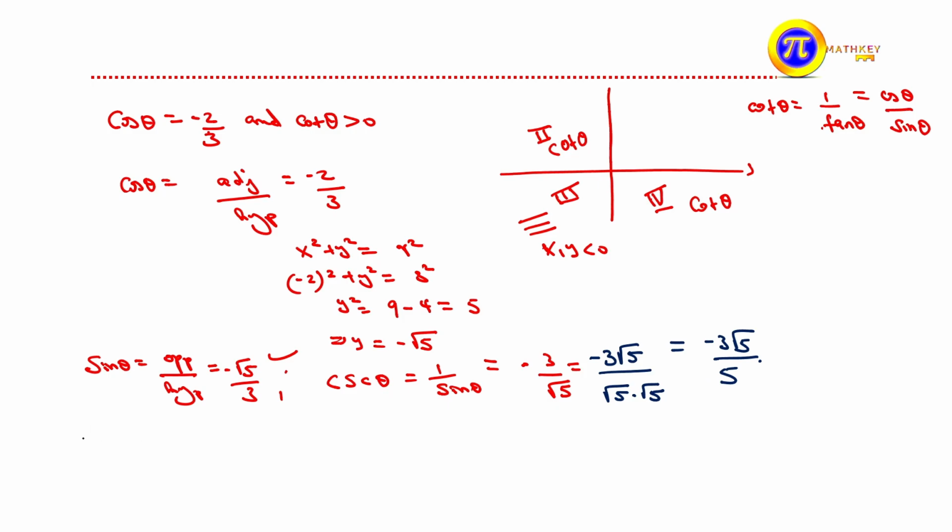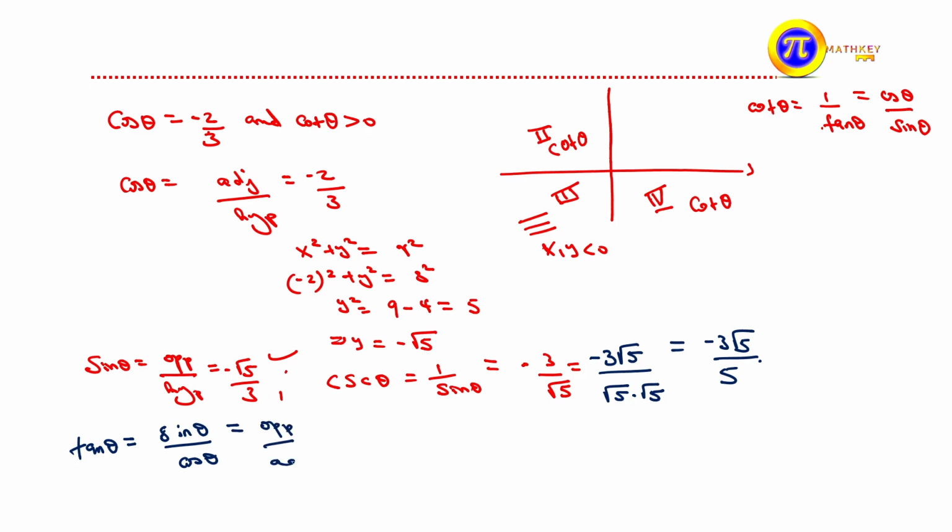Let's take option B, tan theta. Tan theta is the reciprocal of cot theta, or sin theta over cos theta, in other words opposite over adjacent.